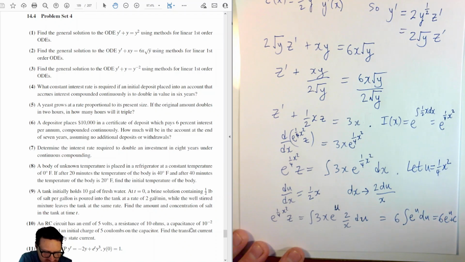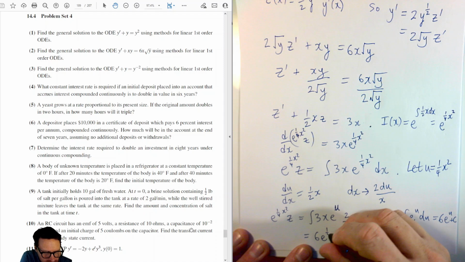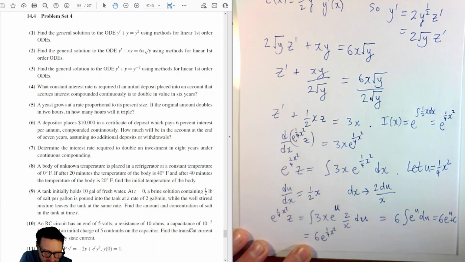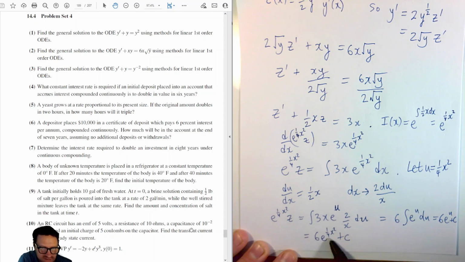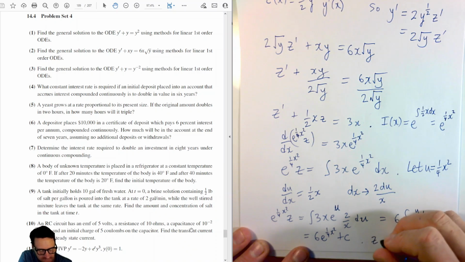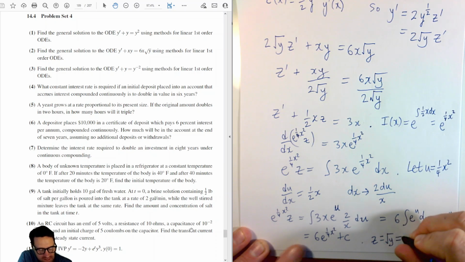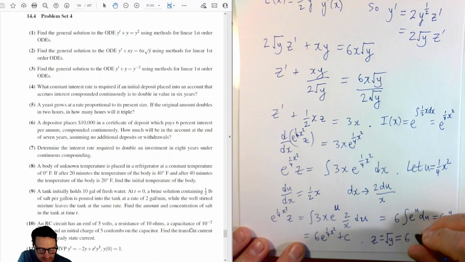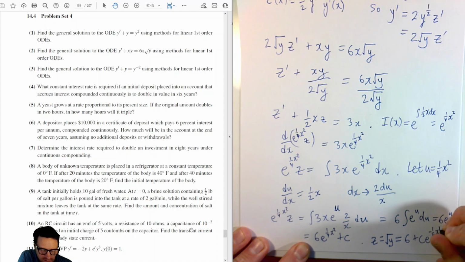Okay, so e to the u was e to the 1/4 x squared. So this is 6 e to the 1/4 x squared plus c. And so taking this equation and dividing throughout by the integrating factor, we will get z, and remember z is the square root of y, is equal to 6 plus c e to the minus 1/4 x squared.